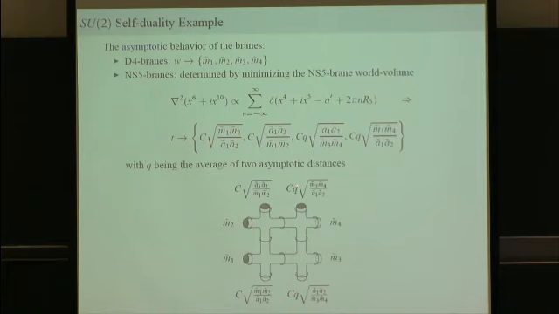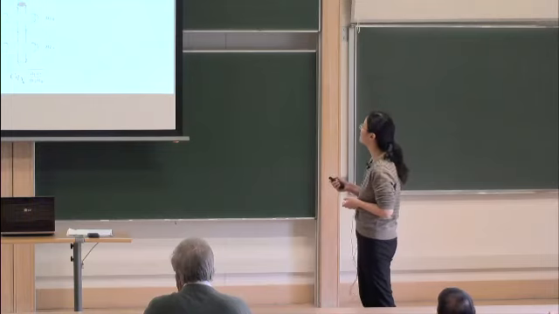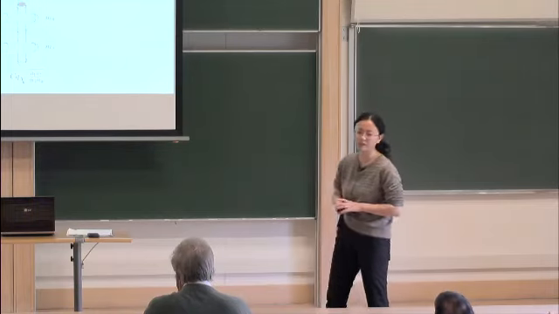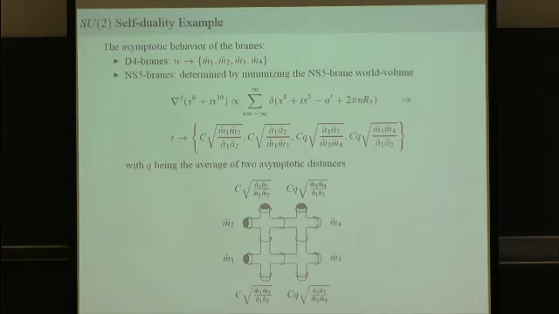and take these values. So since there are 2 equations to integrate here, there are 2 integration constants. One is called C, and the other one we call CQ. The reason we call it Q here is because when you take the product of this one and this value, this becomes the average of the NS5 brane position for this NS5 brane, and you can do the same for this one.